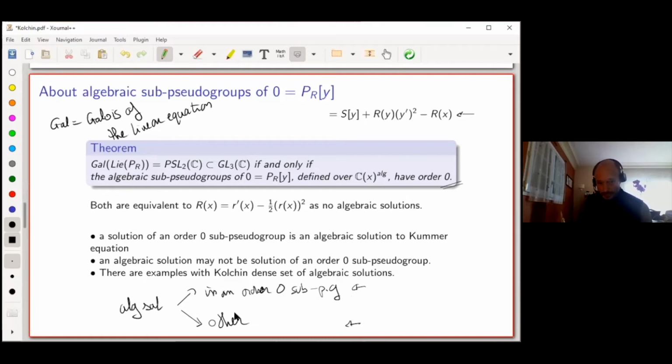And for instance, because of this, you can have examples of Kummer equations whose set of algebraic solutions is Kolchin dense. So the algebraic solutions do not satisfy a simpler equation than just your order 3 differential equation. But there are transcendental solutions, no? Because the Galois group is PSL2.